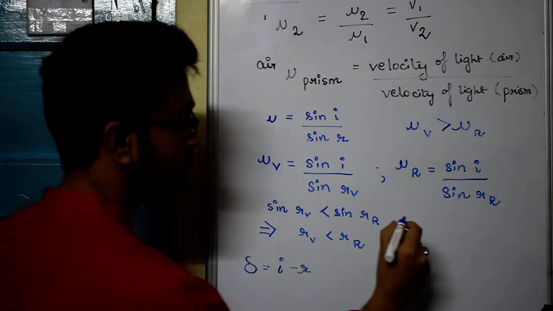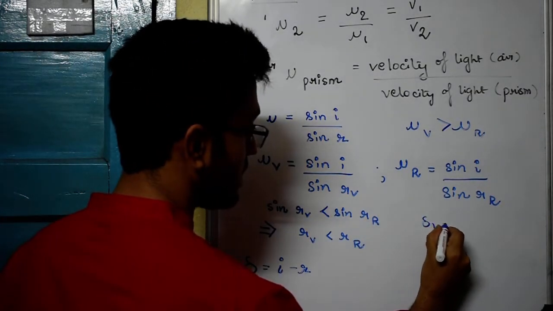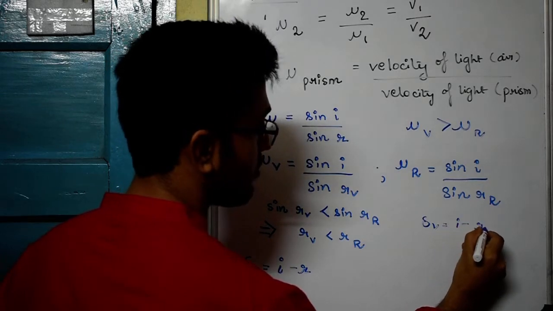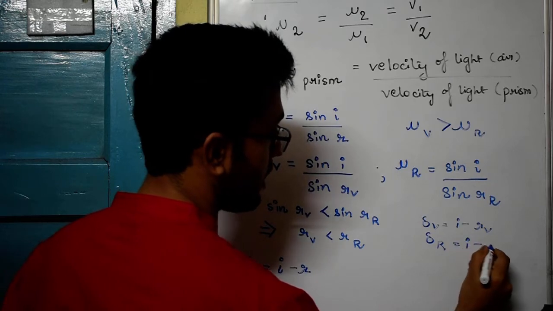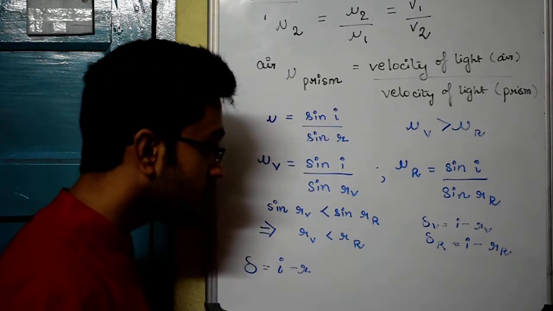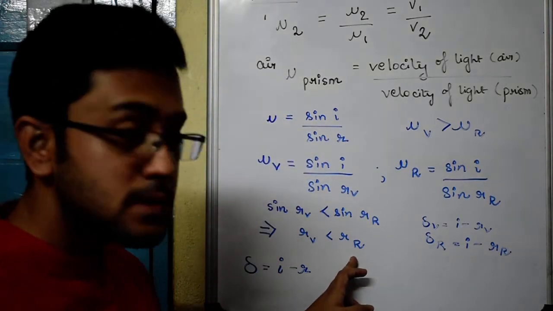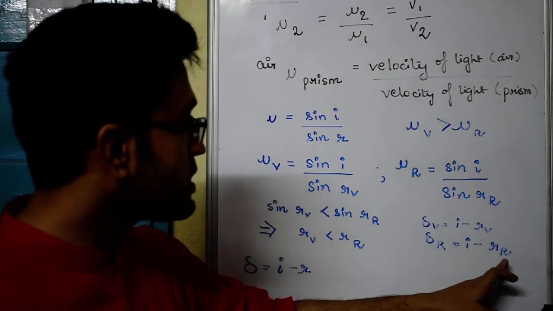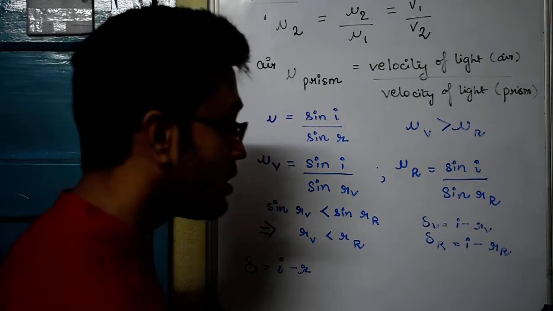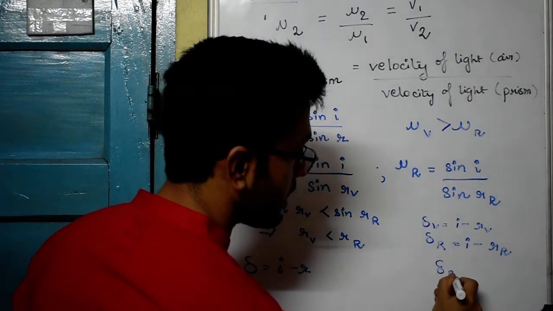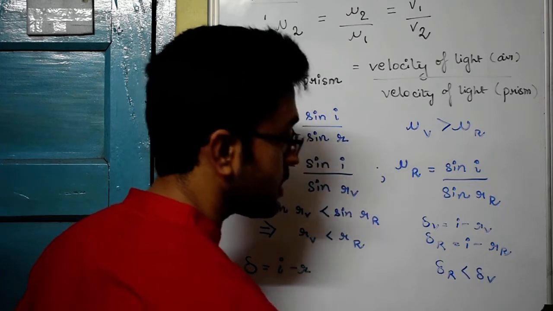Therefore, the deviation of violet is i minus r of violet, and deviation of red is i minus r of red. Now since r of red is a bigger quantity, when we subtract a bigger quantity, the final answer is a smaller quantity. Therefore delta red is smaller than delta violet.